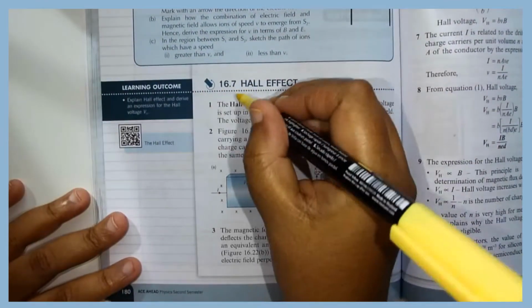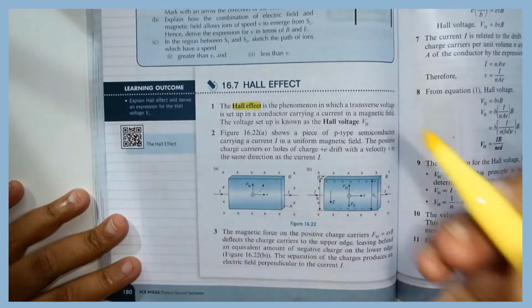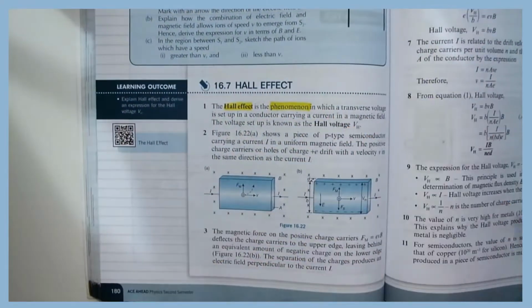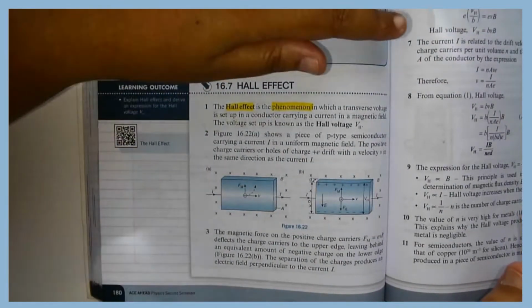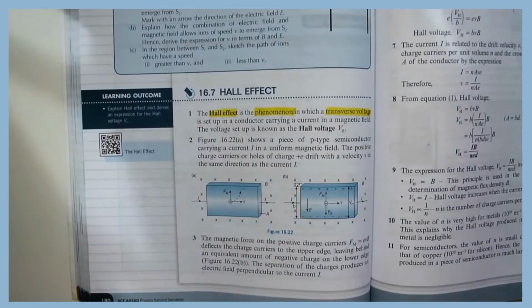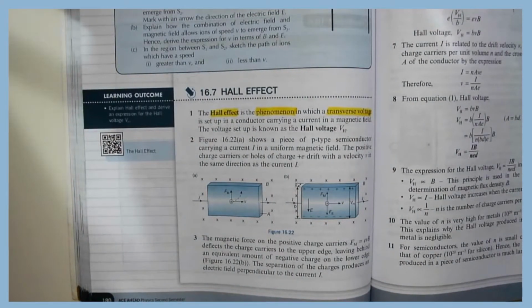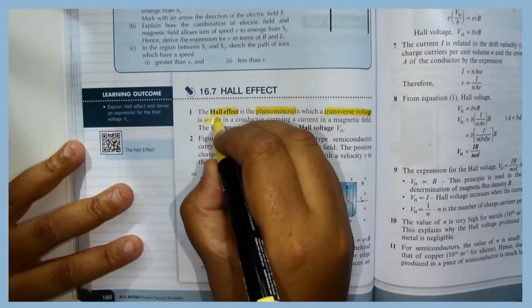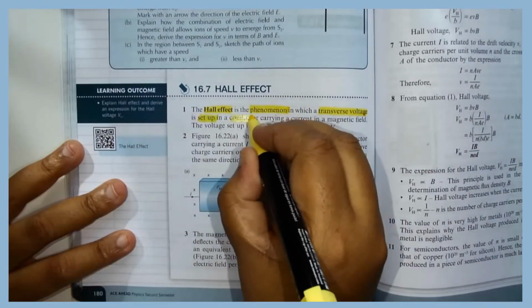Now, Hall effect is a phenomenon. It's not a law, it's not a concept, but it's a phenomenon in which a transverse voltage, meaning a voltage that is set up across, is set up in a conductor carrying a current.